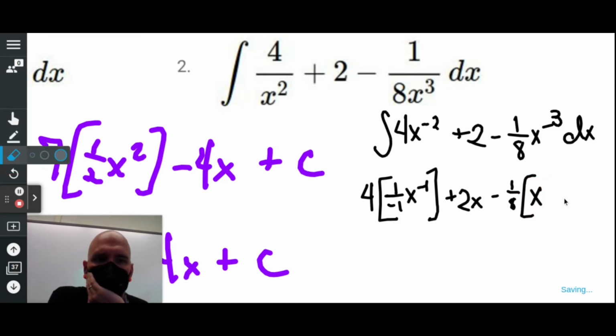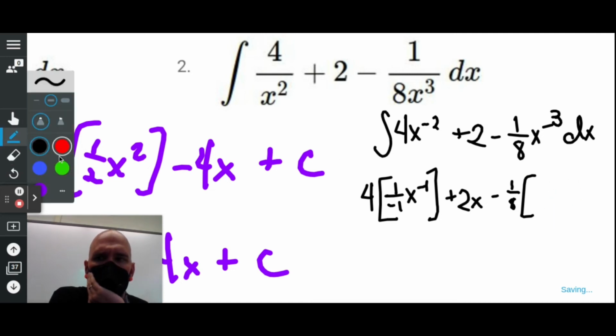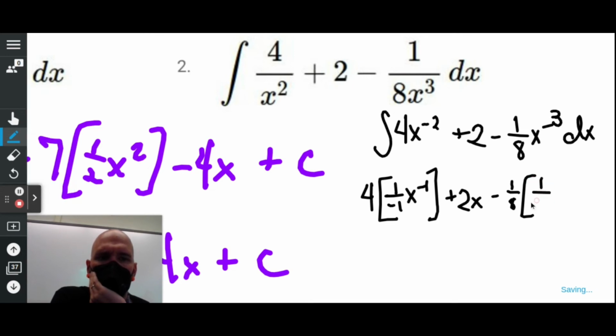I have x to the negative 3, so I need to put 1 over negative 3 plus 1, which is 1 over negative 2. x to the negative 3 plus 1 is negative 2. And the plus c right there, all small. So 1 over negative 1 is negative 1 times 4 is negative 4.